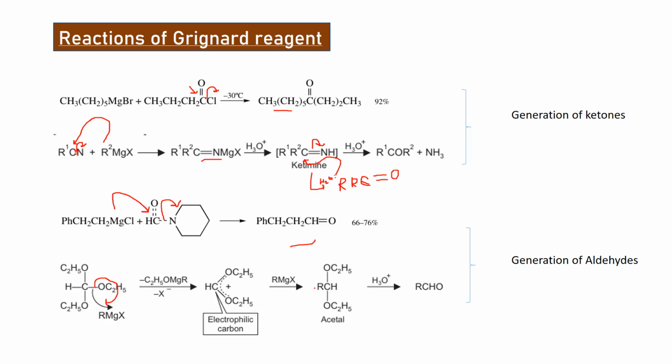Then the R center of RMgX will attack this positive center. After, if you add water, this is the acetal type of system. I have already talked about this acetal preparation in one of my videos. It undergoes deprotection and will generate aldehyde as our product.